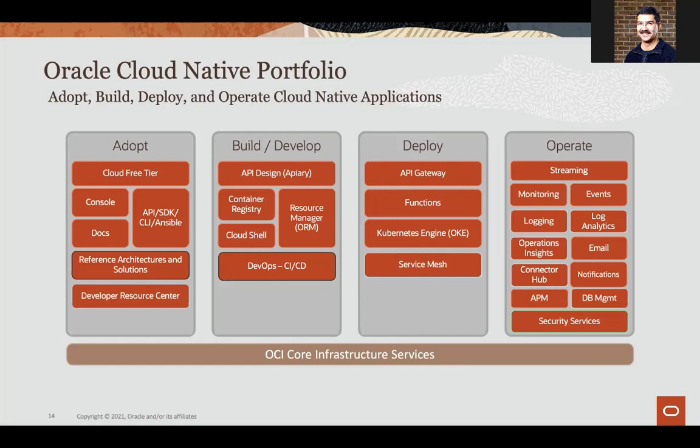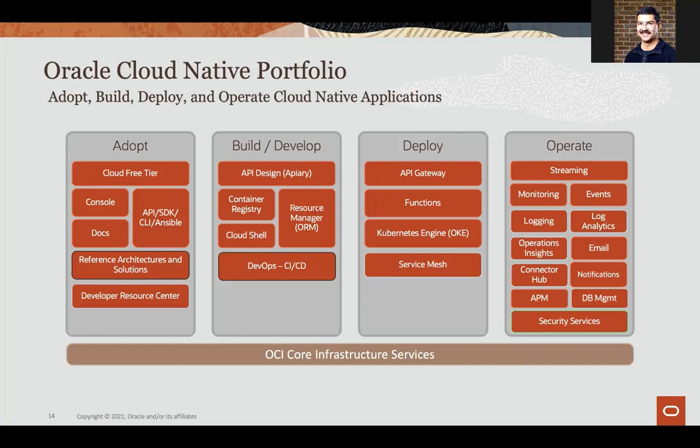In terms of building, deploying, and developing, we have a DevOps CI/CD toolchain, which is the Visual Builder Studio, which I'll be using today in my demo. Cloud Shell is another developer usability tool, where you can get a quick Linux shell environment to run all your developer command lines. I'll try to show you this part as well today.